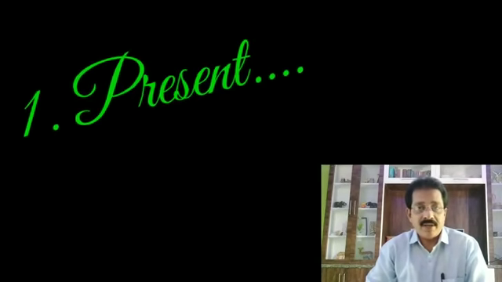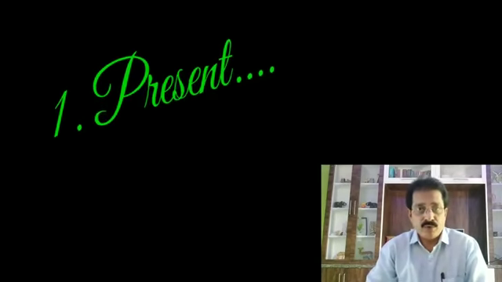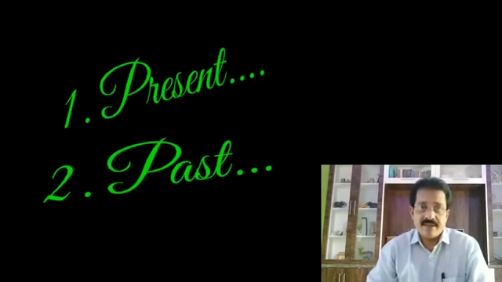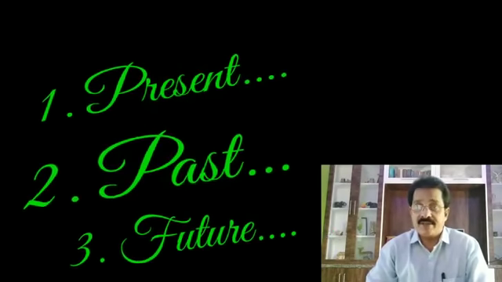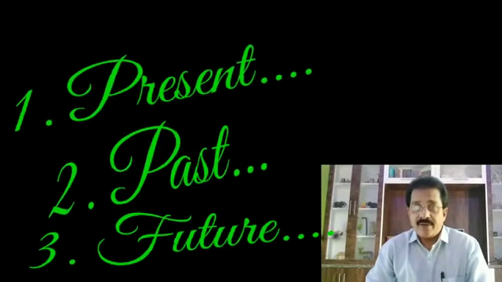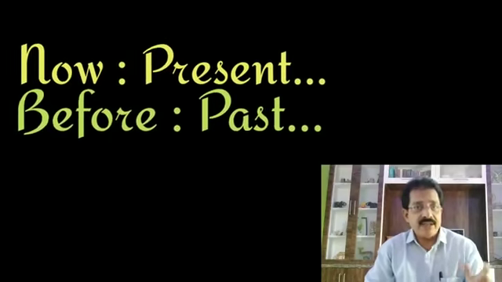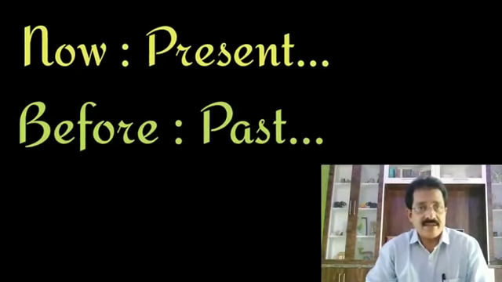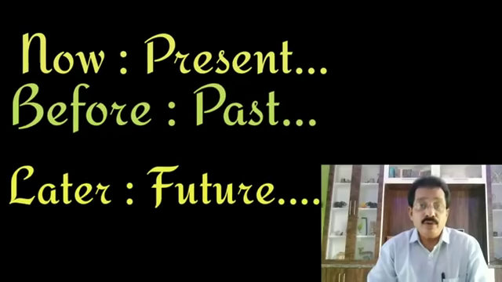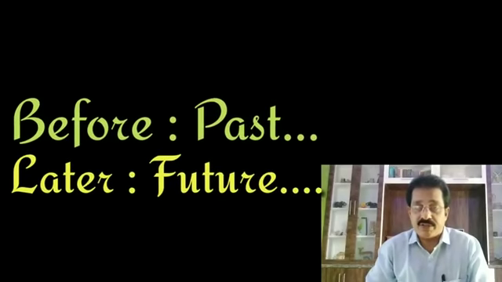Number 1, present tense. 2, past tense. 3, future tense. Whatever is done now is present tense. Whatever is done in the past is past tense. Whatever we are going to do is in the future tense.